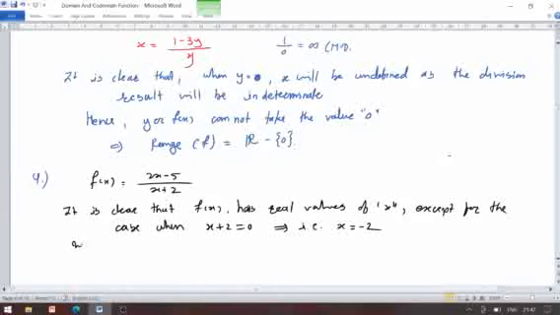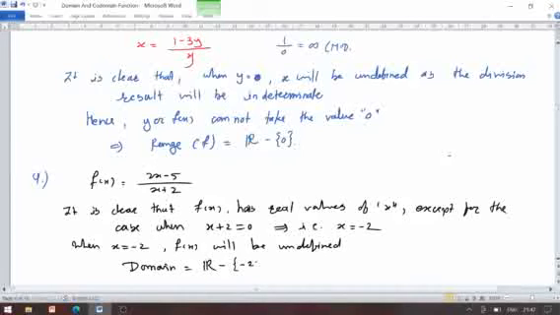So when x equals minus 2, f of x will be undefined due to the denominator result being indeterminate. So the domain of the given function is the set of all real numbers excluding the singleton minus 2.